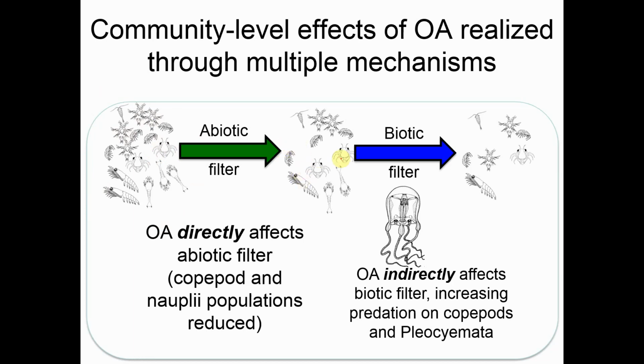However, what we also found was that ocean acidification can increase the strength of the biotic filter. What happened was ocean acidification indirectly affects the biotic filter by increasing the predation on copepods and Pleisiomata. So what this means is at the community level, not at the level of just a single individual, but for whole ecological communities, the effects of ocean acidification are realised through multiple mechanisms.